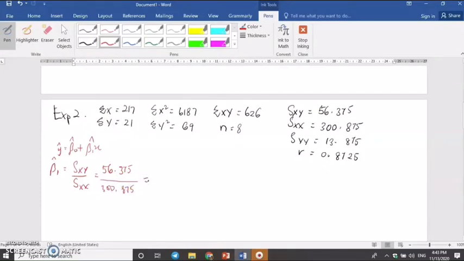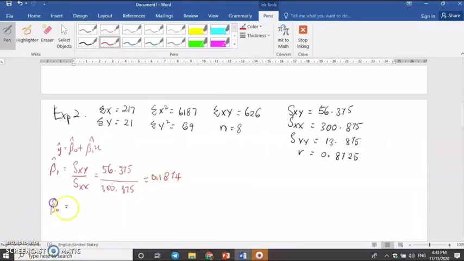So for beta 1, you will get the value, which is 0.1874. Okay, so this one adalah for beta 1, and then move forward to beta 0.